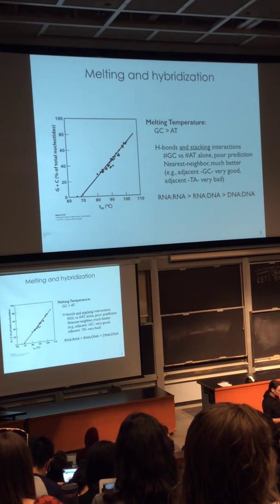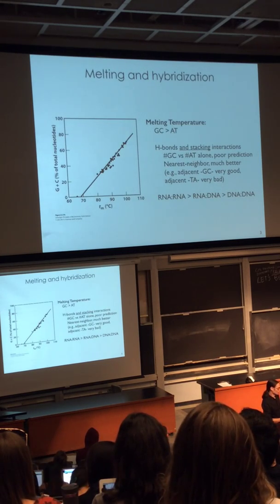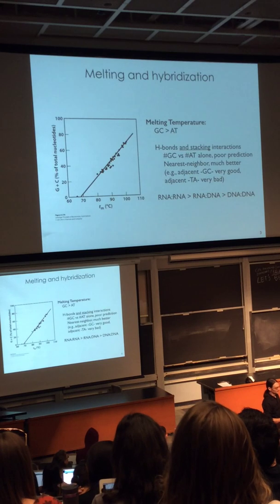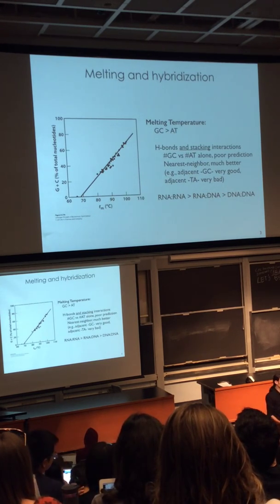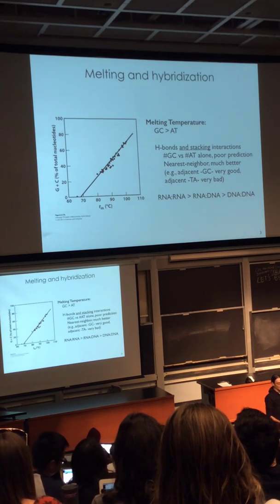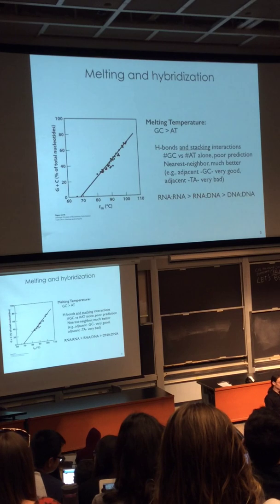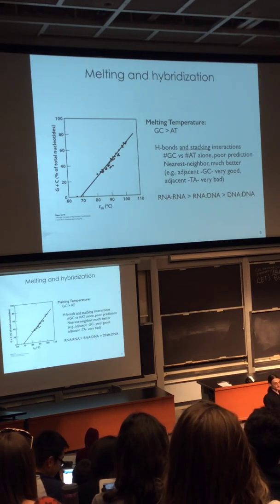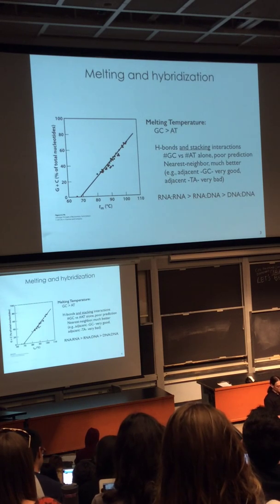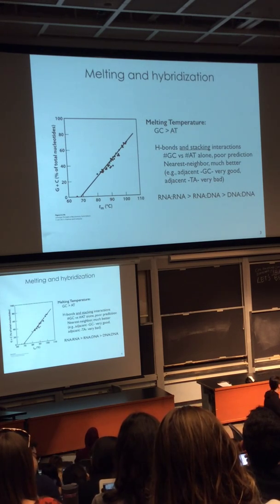But basically, you can think of high GC content as more stable. Then the other point is that the DNA and RNA double helices don't have the same melting temperatures. The DNA pairing is the least stable. It has the lowest melting temperature. It's easiest to separate the strands.